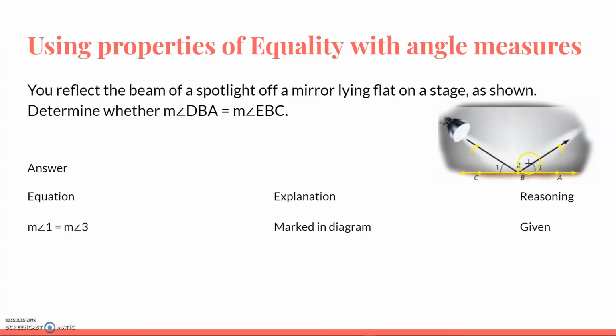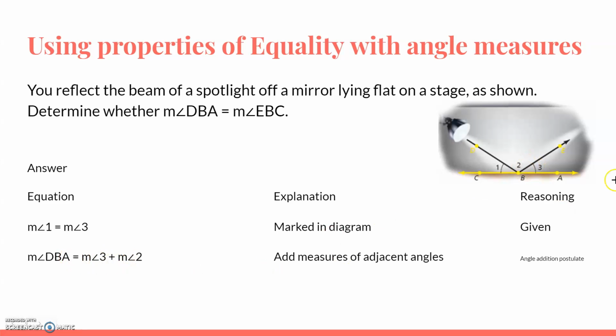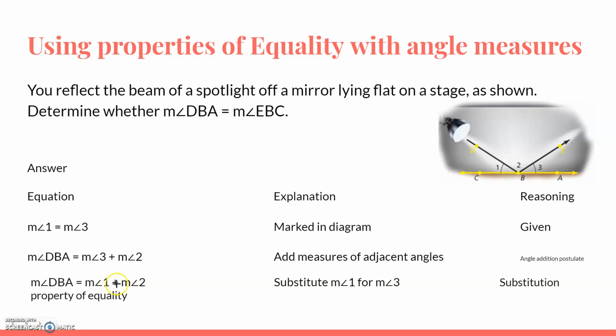And then next, angle DBA, right here, is equal to angle 3 plus angle 2. That's just adding measures of adjacent angles, that's the angle addition postulate. And then we're just going to substitute our angle 1 for angle 3. Here we have angle 3, but since they're both equal, we're just going to substitute angle 1. And that's just substitution.